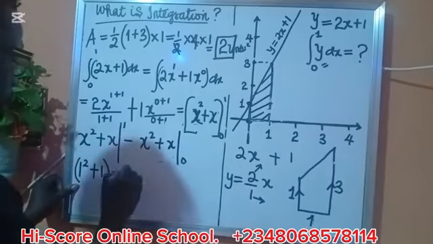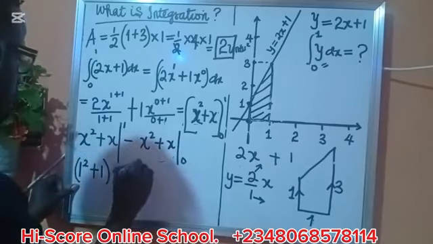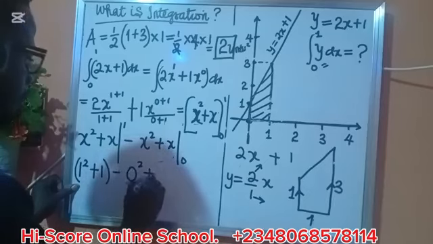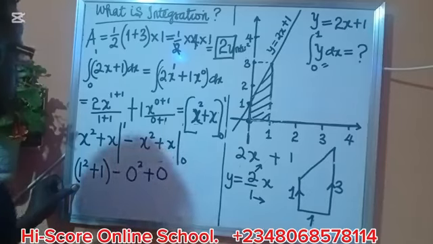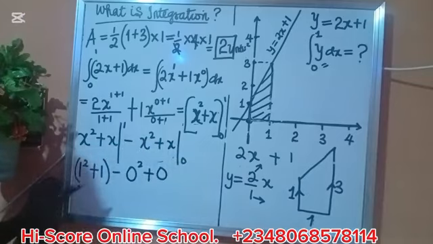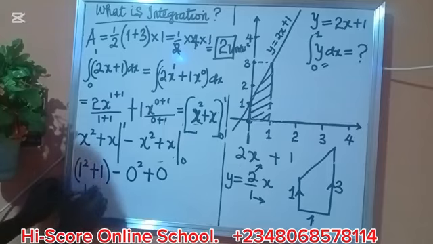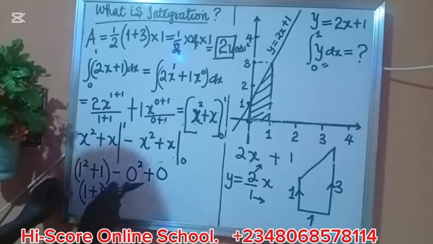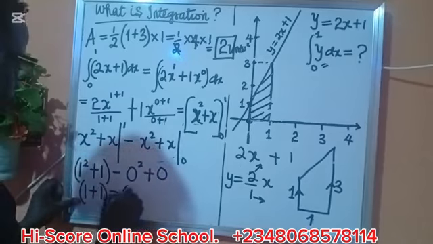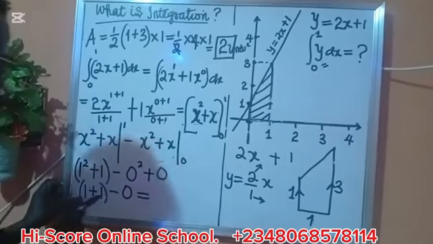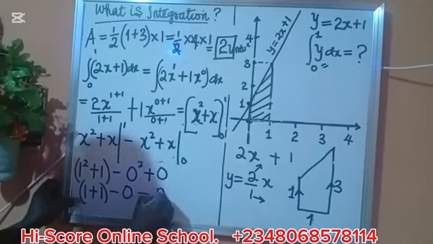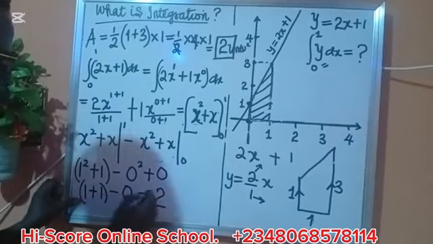So minus 0 squared plus 0, at x equal to 0. So we get 1 squared is 1, plus 1, minus 0 squared is 0, 0 plus 0 remains 0. If we add up, 1 plus 1 is 2, and 2 minus 0 remains 2.